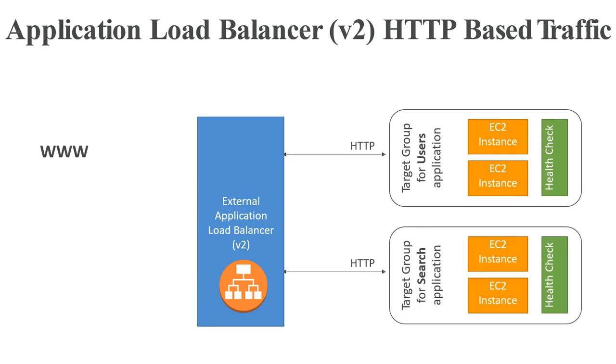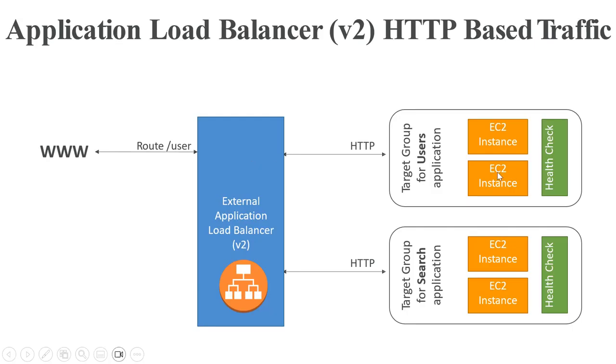Now, from the user, if a request is received with the route slash user, the load balancer has to route to one of the EC2 instances in this group. It should not route to the other group, because then the user is going to get a 404, page cannot be found, because you are looking for the user application in different EC2 instances, but it is actually available in this EC2 instance.